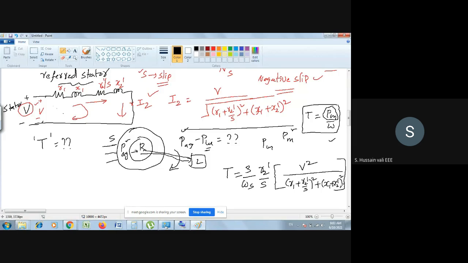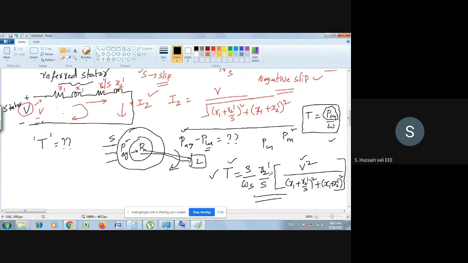This is the equation for the electromagnetic torque produced by the induction motor. So now we have to see that this torque depends upon this omega s and V.